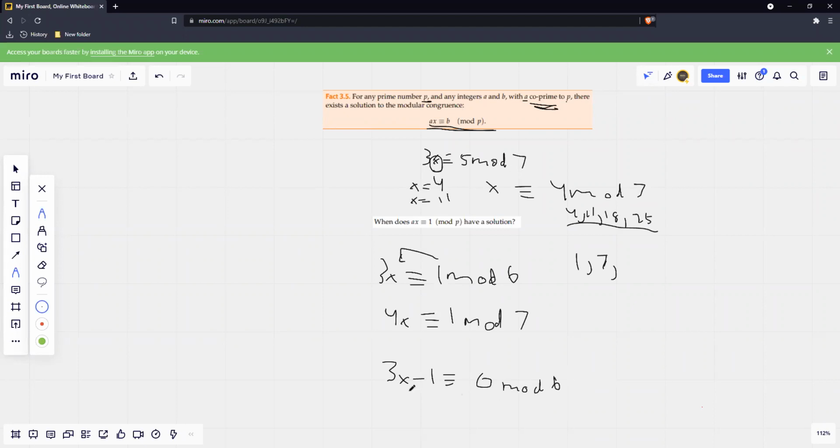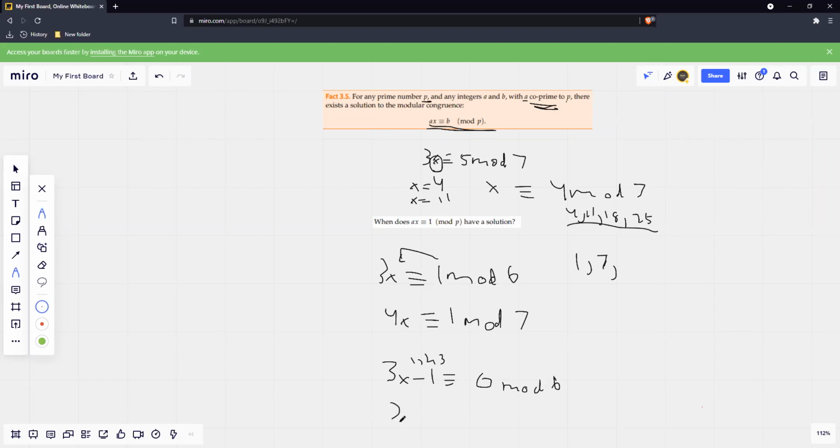Think about this for a second. We know 6 is divisible by 3, right? So let's just try some values of x: 1, 2, 3. Can you see, when x is 1, you get 2, which is not congruent to 0 mod 6. If we try 3, we get 8, which is not congruent.